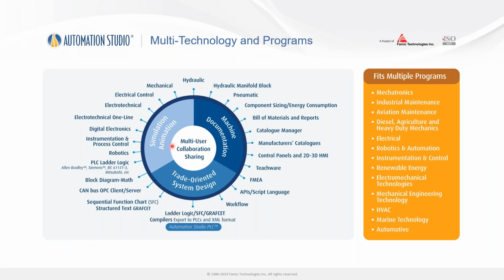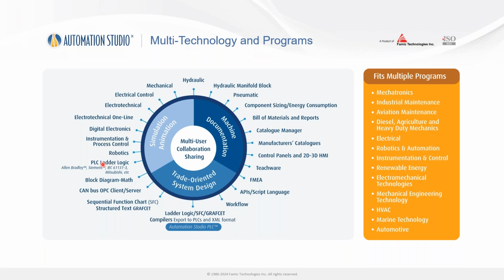So what is exactly Automation Studio software? Automation Studio is a multi-user collaboration sharing software which deals in various fields like simulation, animation, trade-oriented system design, and machine documentation. You can draw your circuits on hydraulic, pneumatic, manifold blocks, some part of mechanical, and electrical systems like electrical control and electrotechnical one line. We have a separate library for digital electronics, instrumentation and process control, robotics.